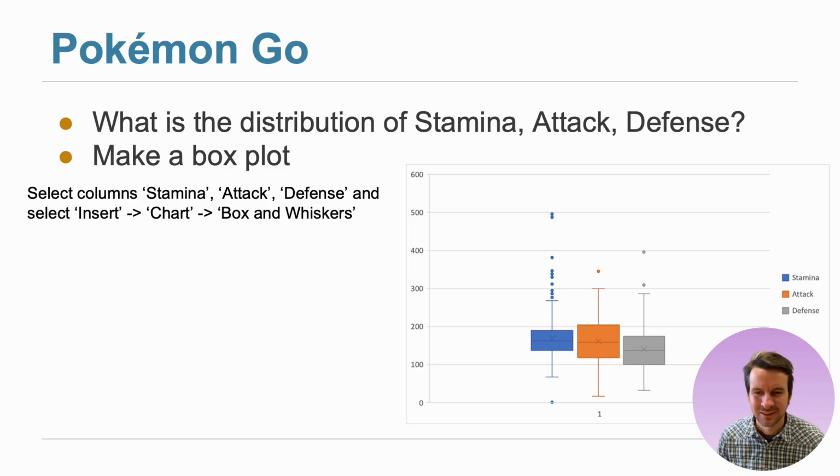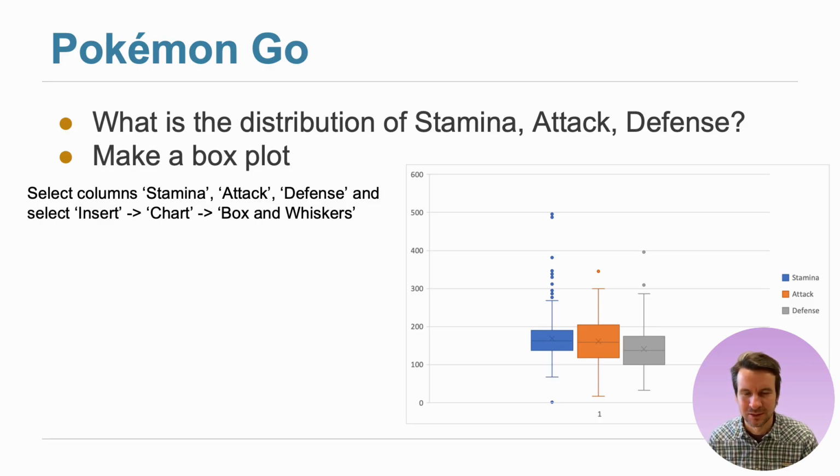Important stats of the Pokemons are stamina, attack, and defense. This is trying to describe what's the distribution of stamina, attack, and defense among the Pokemons. For that, a nice type of chart is box and whiskers.